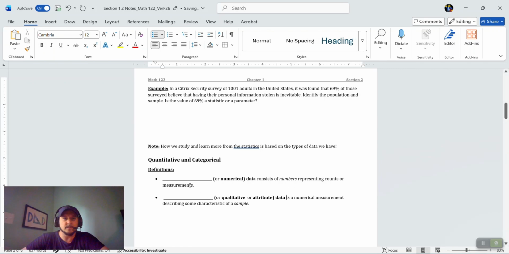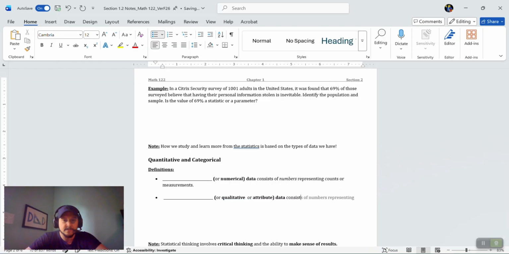All right, so the first one is going to be the definition for quantitative data, and then the next one is going to be for categorical data. And this is defined according to our author as data that consists of names or labels, not numbers that represent counts or measurements.